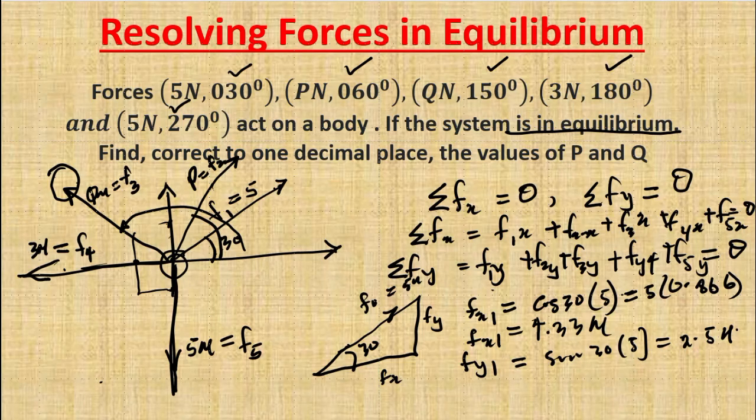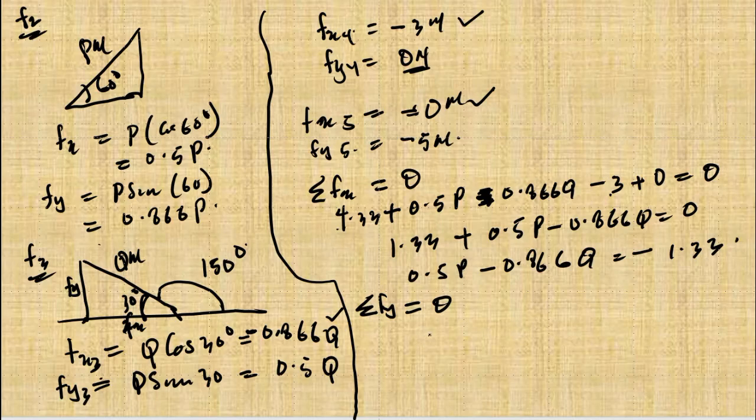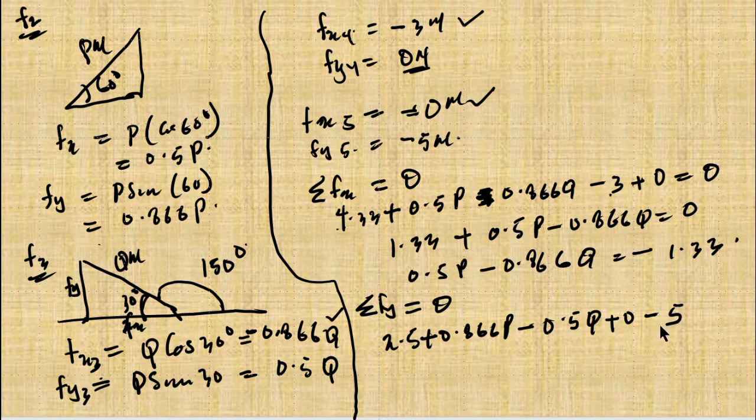So I have 2.5 Newton plus F2 of Y, 0.866P, plus 0.5Q, plus 0 minus 5 equals 0.